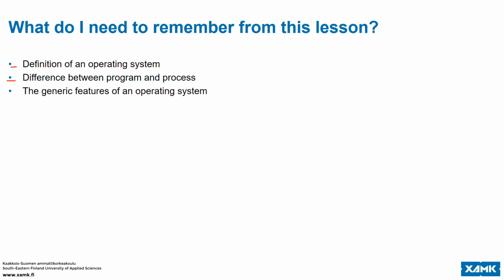So keep in mind the difference between a program and a process. Finally, those generic features that an operating system needs to provide: virtualization, concurrency, and persistence. These features are basically what an operating system needs to do well and efficiently. If it achieves those, then, well, the rest is all trivial.